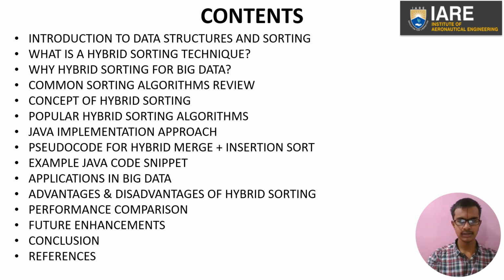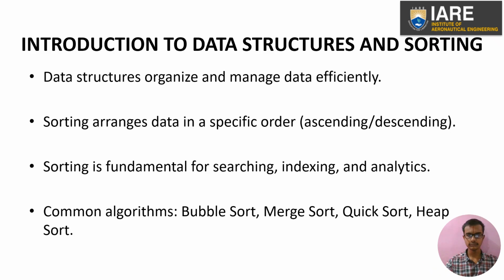And after that, I'll explain these applications in big data. And next, we'll go through advantages and disadvantages of hybrid sorting. Next, we'll go through performance comparison. Next, we'll go through future enhancements. Finally, I'll conclude the topic and I'll give the references.